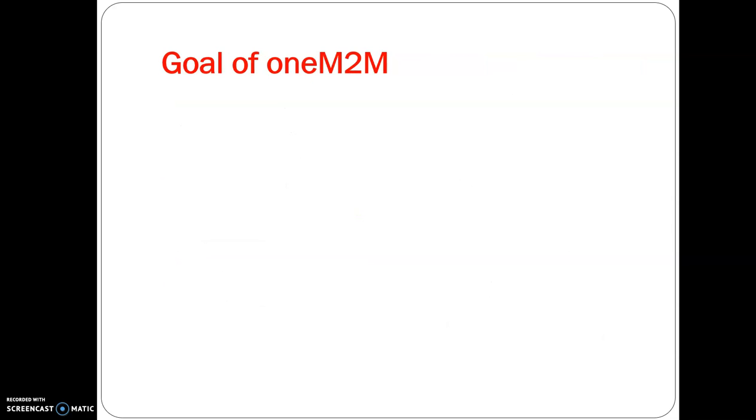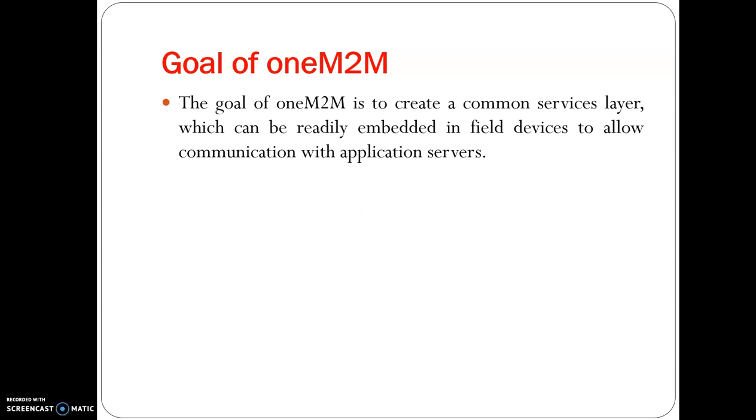Let's begin with the goal of oneM2M. The goal of oneM2M is to create a common service layer which can be readily embedded in field devices to allow communication with the application server.